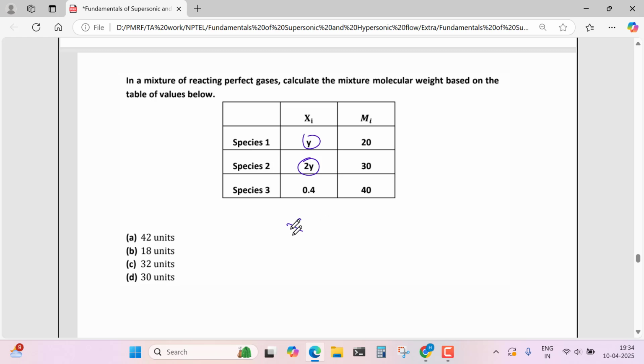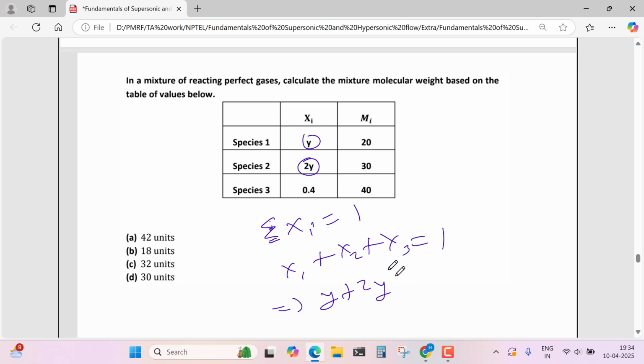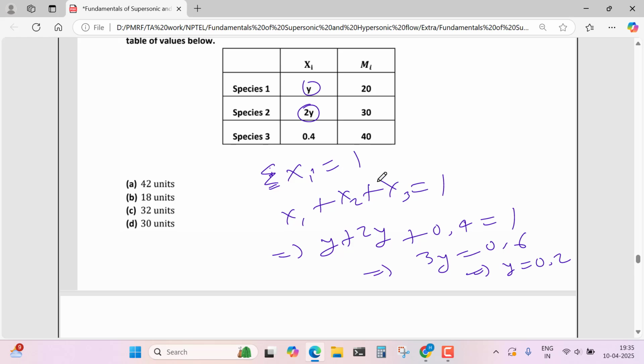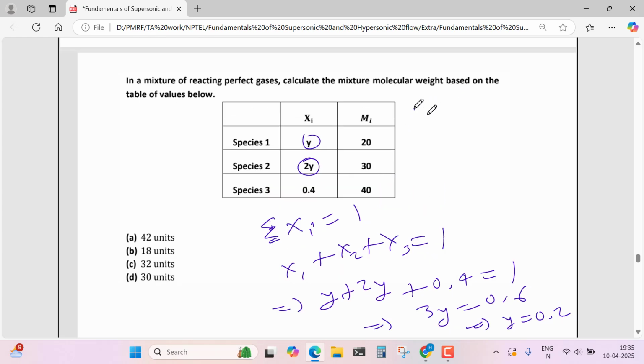For the total, sigma x_i equals 1. So x1 plus x2 plus x3 equals 1. x1 is y, x2 is also y, and x3 is 0.4. So their sum is 3y equal to 0.6, and y we will get as 0.2. So the values of x_i will become 0.2, 0.2 and 0.4.